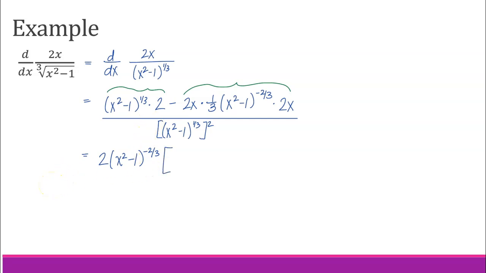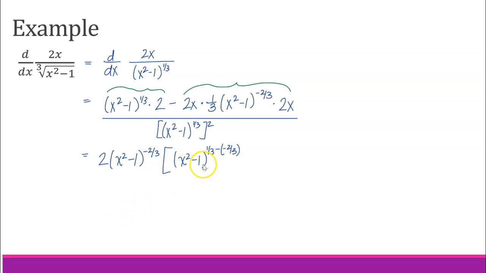So when we see what's left over, I use brackets, although parentheses are fine. From the first term, I took out the 2, and I took out x squared minus 1 to the negative 2/3. So I'm going to have x squared minus 1. It was to the 1/3, but we're taking out, which means subtracting, so minus negative 2/3.